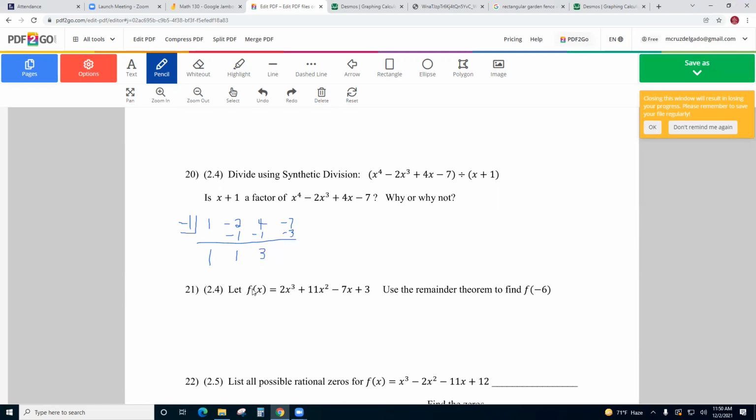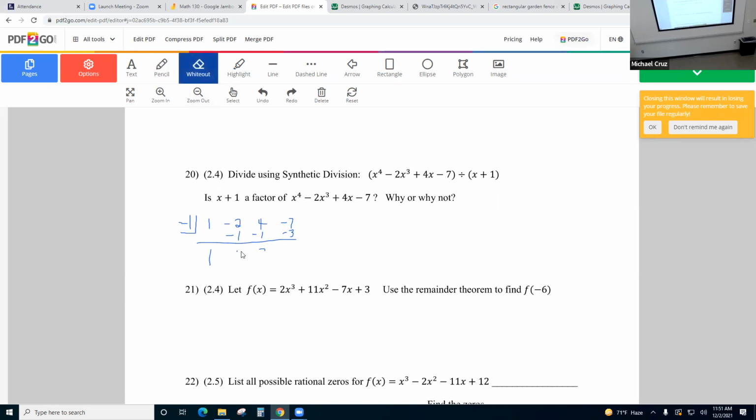That wouldn't be minus. It would be -3, right? Okay, bring down the 1. -1 times 1 is -1. Oh, here, I'm sorry. -1 times... so this is -3. And then this is 3. And then that's 1. And then this one's going to work. No, it's not going to work.